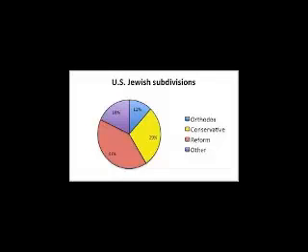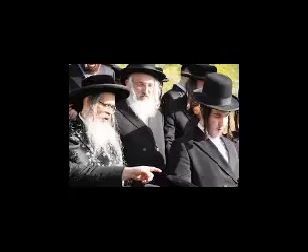In regard to the sects of Judaism, there are lots of different denominations, I guess we would call them, but there are probably 3 primary sects, as most people would see it. The most conservative sect of Judaism is called the Orthodox sect.